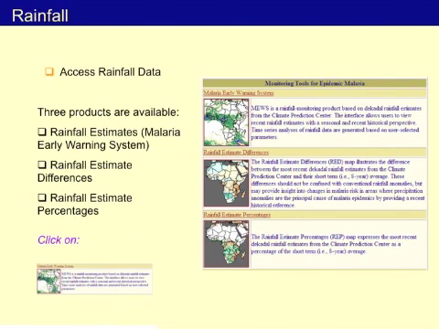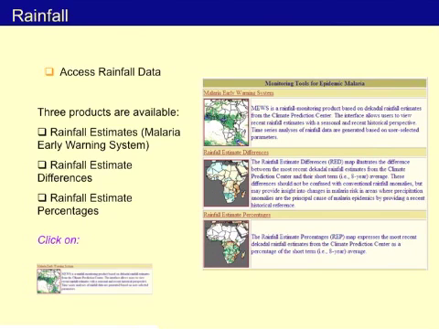On this slide, I show the three rainfall products available on the interface. The first one represents the rainfall estimate product, also called Malaria Early Warning System. This product is derived from satellite information at a spatial resolution of 11 km and is provided every 10 days.